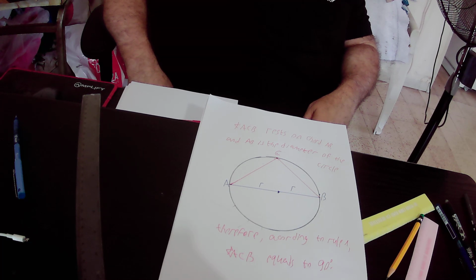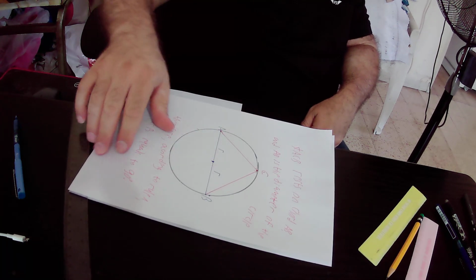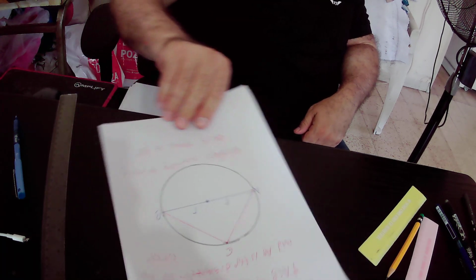Therefore, according to rule number 1, angle ACB equals 90 degrees.